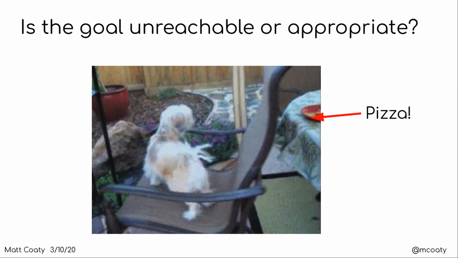So we have to think, is the goal actually unreachable, or is it true for that specific student? Sometimes when students make goals, they might make them so far out there that we need to step it back a little. We need to moderate, and we need to make sure that we have supports in place to make those goals.